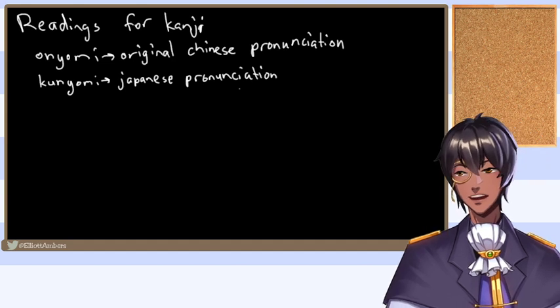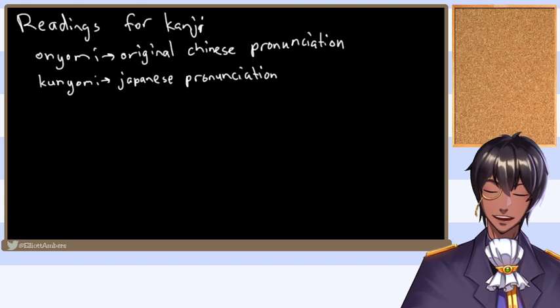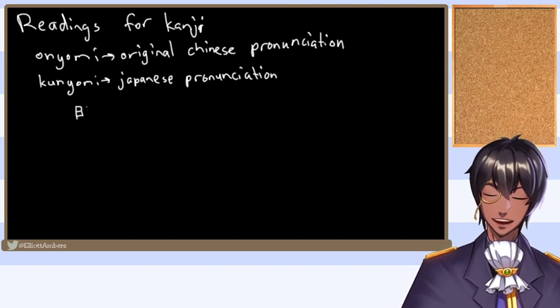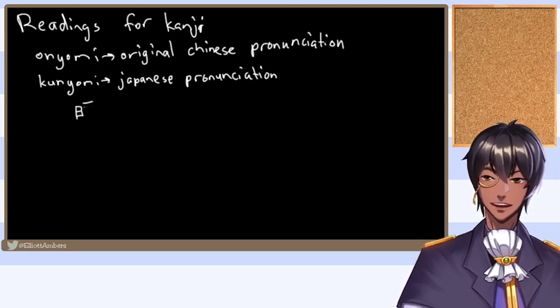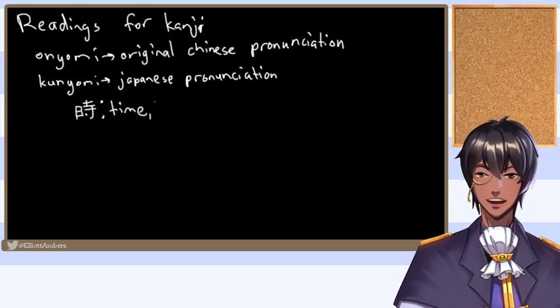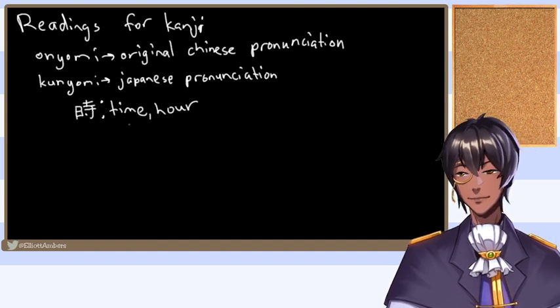I'm going to use a very simple word, a very common word, and that word is time. So the character for time looks like this. It's the character for time, and it's also the character to represent hours. So it's going to look something like this. This is time, or hour. And the two common readings it has are these.